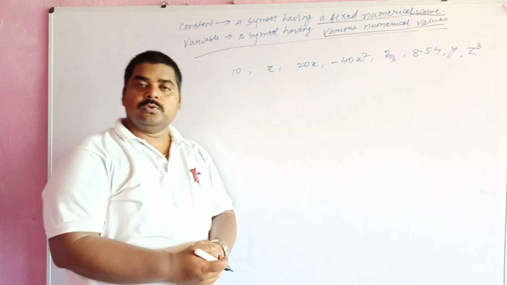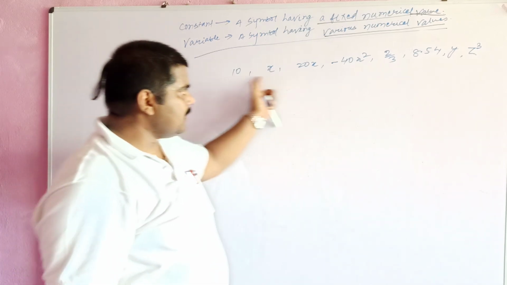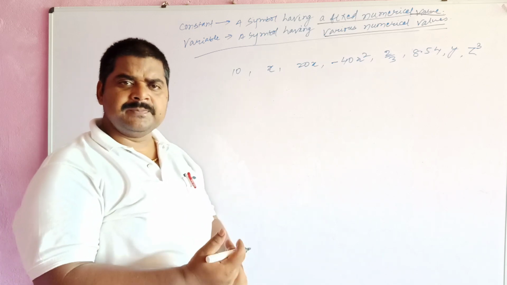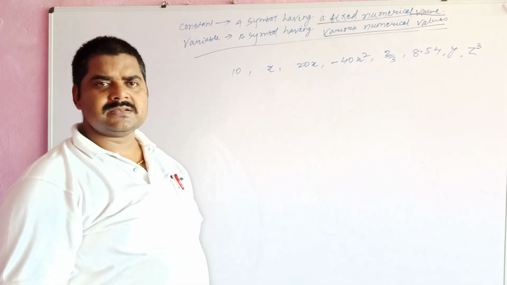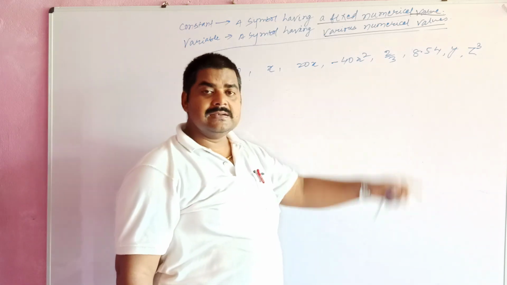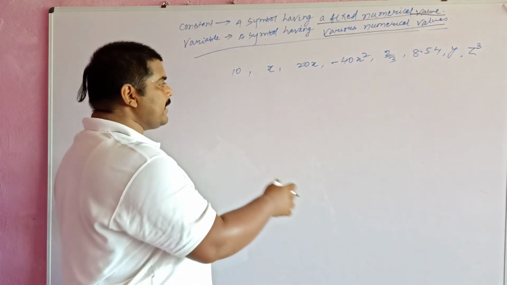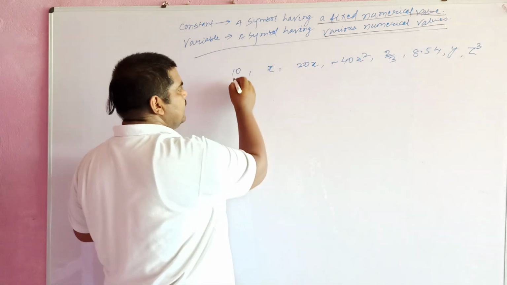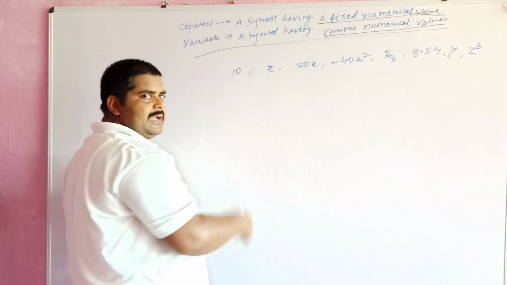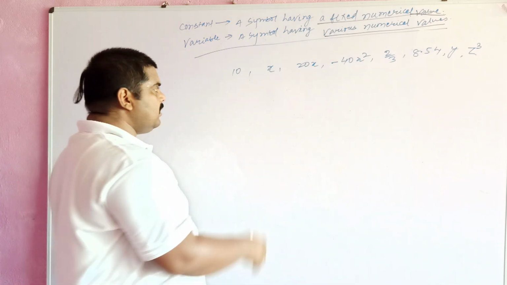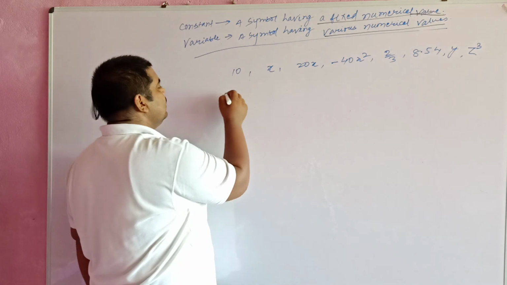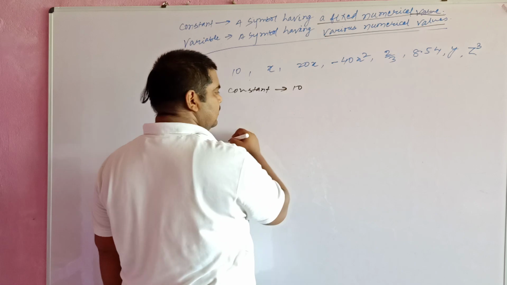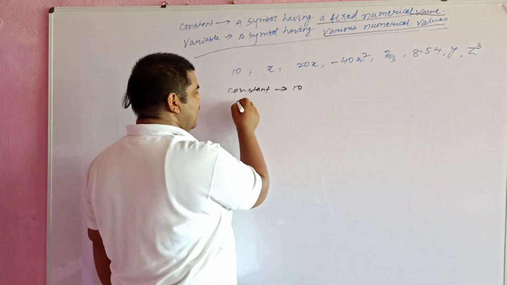When you have to categorize which terms are variable and which are constant, you need to make a list of them. Is 10 variable or constant? You know that 10 has a fixed value, so it is studied under constant. And what is x?